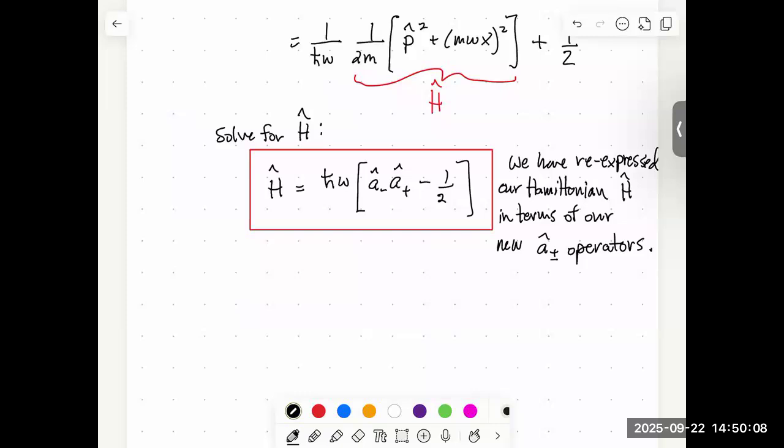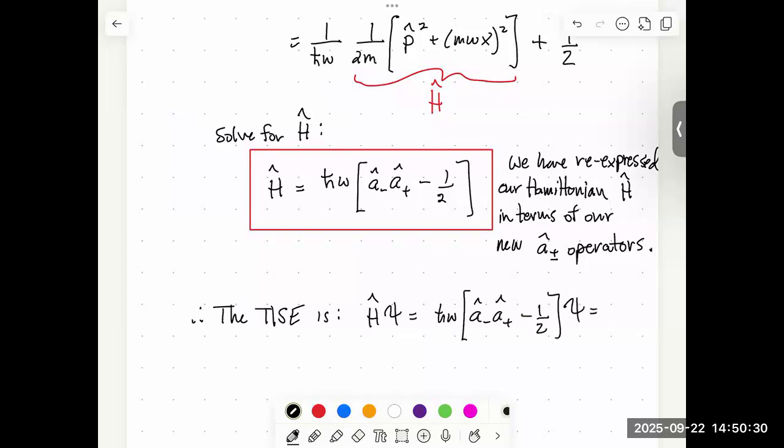Therefore, one way to write the time-independent Schrodinger equation is h hat psi is equal to h bar omega, a minus a plus minus 1/2, times psi, is equal to E psi. Okay, so there it is. That's our time-independent Schrodinger equation. I'm going to call this equation A.